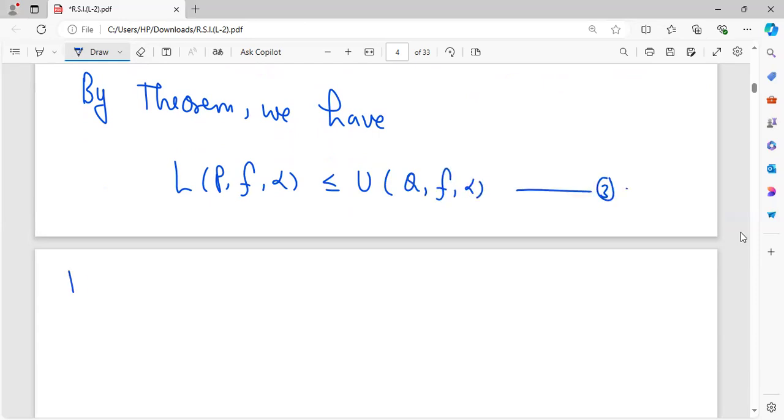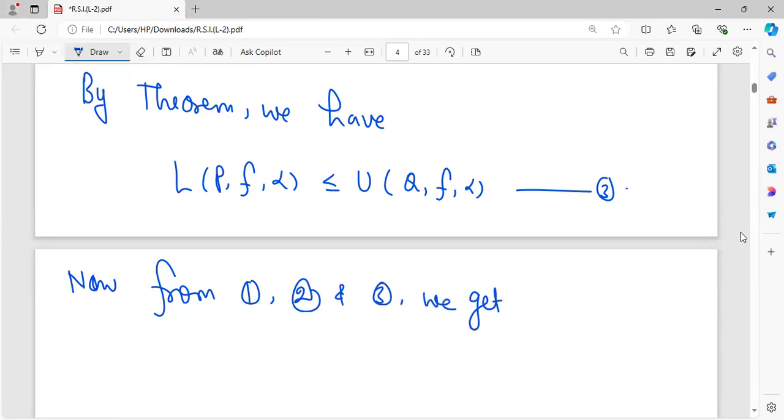Now from 1, 2 and 3 we get, no, from 1 what we have? m(α(b) − α(a)) is less than L(P, f, α).